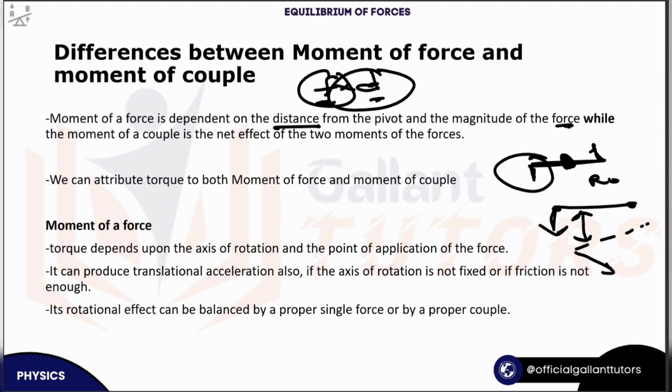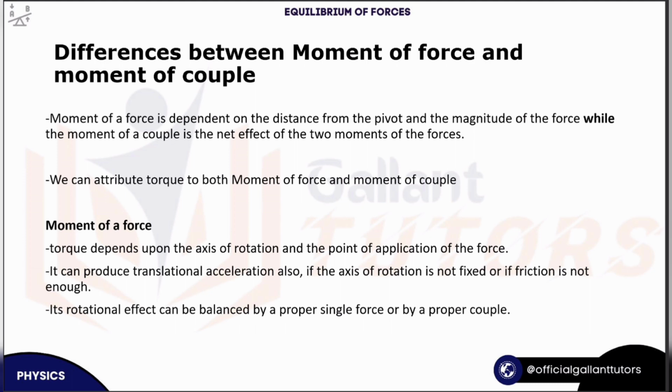And if we continue pushing this system, at some point it will definitely be in this direction. Now it's producing a rotational effect. This rotational effect is balanced by this fulcrum, which I call in my text a proper single force.